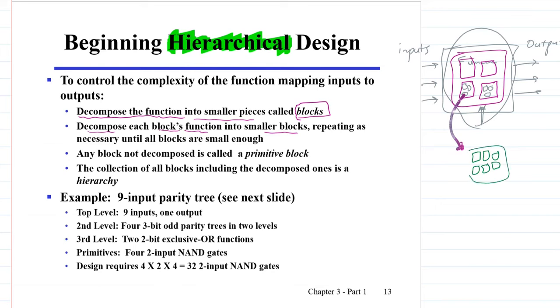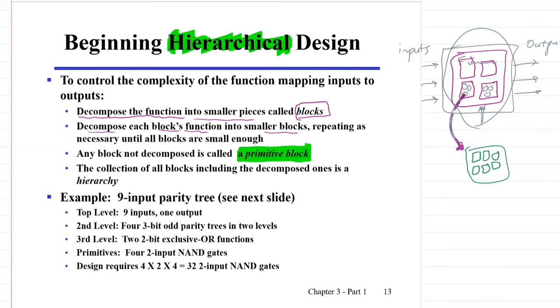We continue doing this until we end up at some point where we cannot decompose the block any further. In that case, we will have a primitive block, and that's the point at which we stop. We will not decompose the blocks anymore, because we cannot. That's the end.